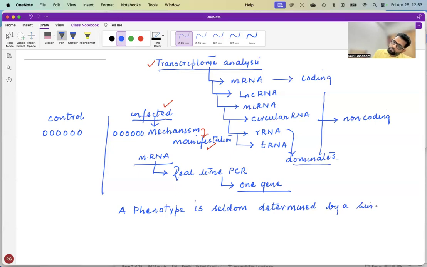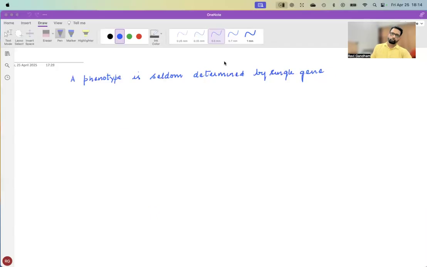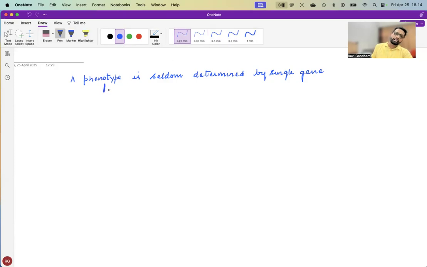Now, what does this imply? This implies that the phenotype is basically governed by the interaction of several molecules that are expressed within the cell.